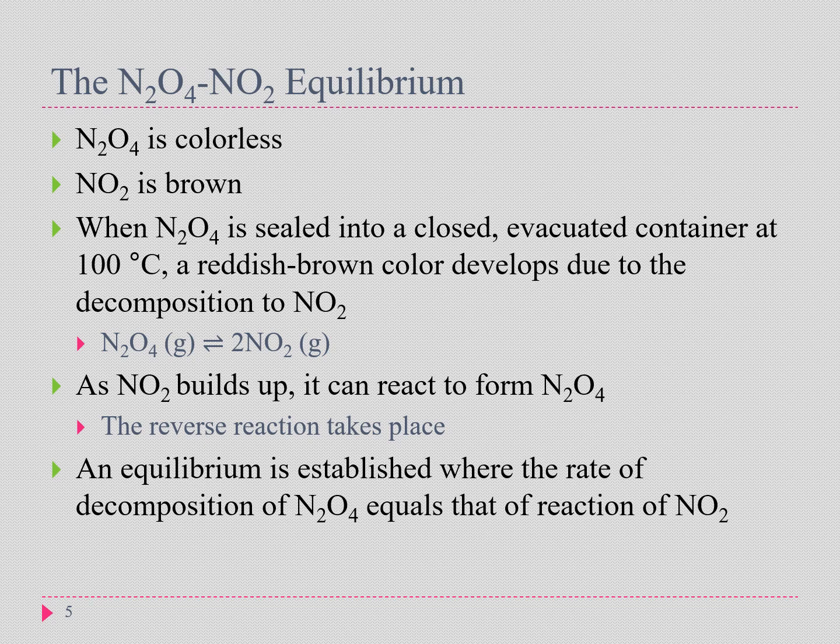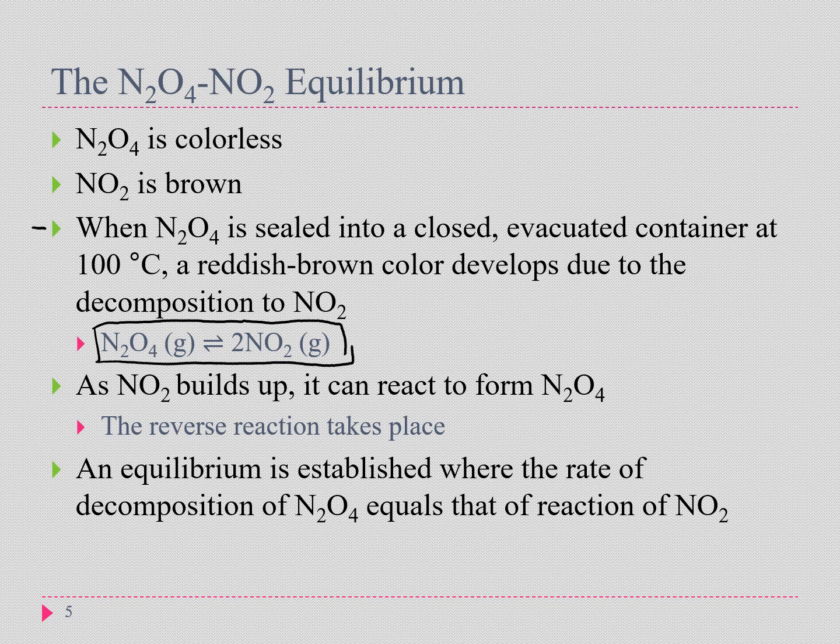So when our N2O4 is sealed in a container, we start out with it being colorless, and over time a reddish-brown color develops. That is because we are decomposing our gas into nitrogen dioxide. And that happens by the equation that is shown down here.